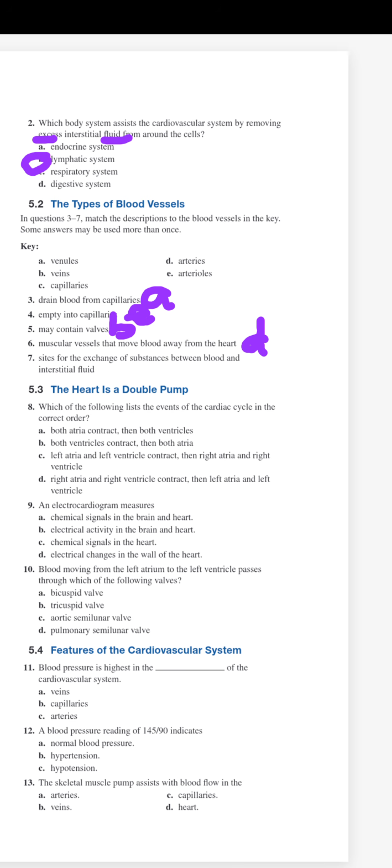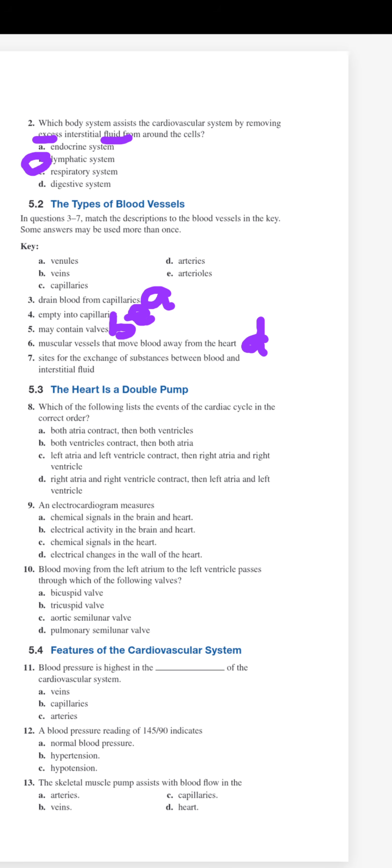You cannot say it's oxygenated or deoxygenated because we have an exception, the pulmonary artery. So a definition that works for all of them is that they are all going away from the heart, and the opposite is true for veins. Site for the exchange of substances between blood and the tissue fluid or interstitial fluid.